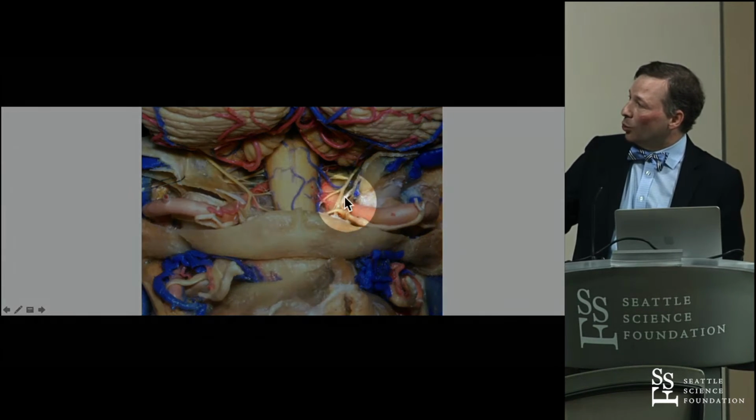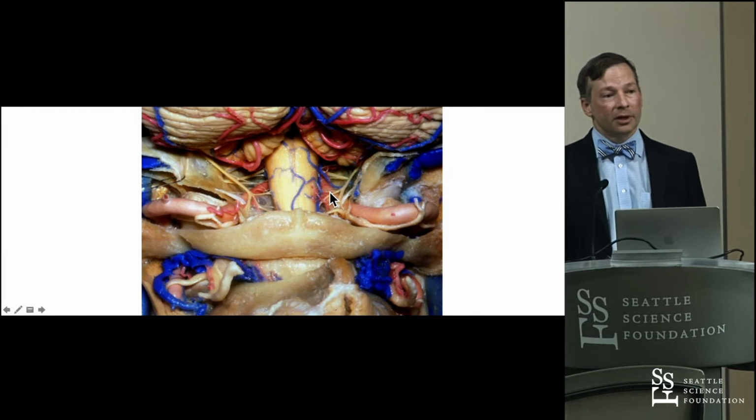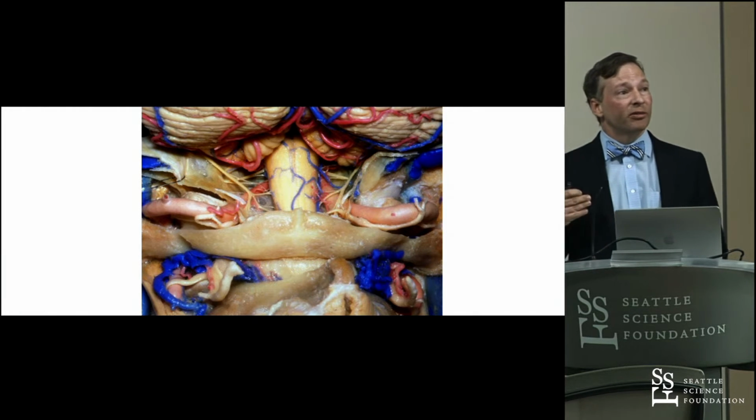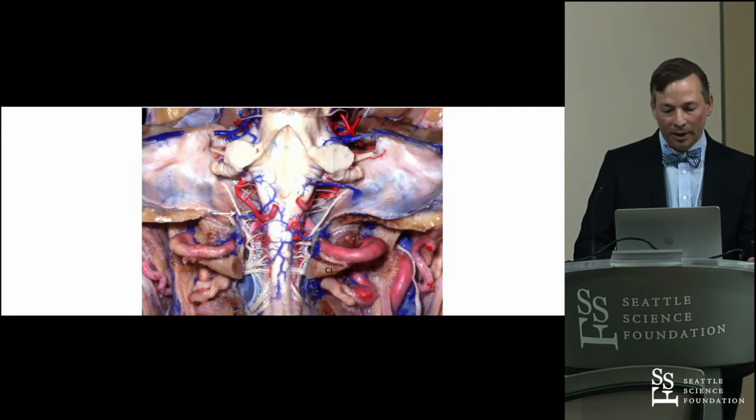And then what branches do we see here just anterior to the vertebral artery at its V4 segment? Right there at the pointer. Hypoglossal nerve. So hypoglossal nerve is separated from the accessory nerve at this craniocervical junction by the vertebral artery.